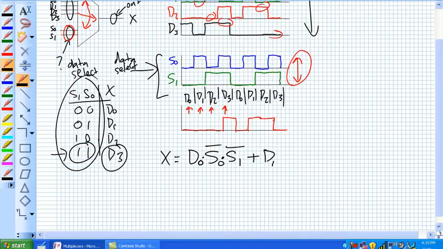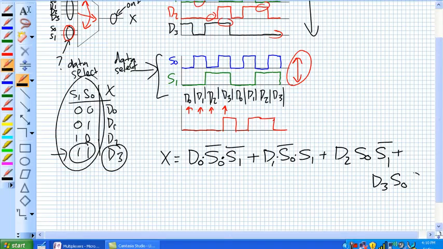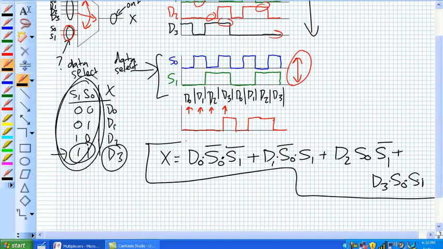Or it's equal to D1, and when is this guy? Only when S0 is negated. And now we can come up with a full expression right there. So basically what it's saying is, for one and only one combination of these two data select bits, you get this. So you can come up with a combinational logic function for a multiplexer.